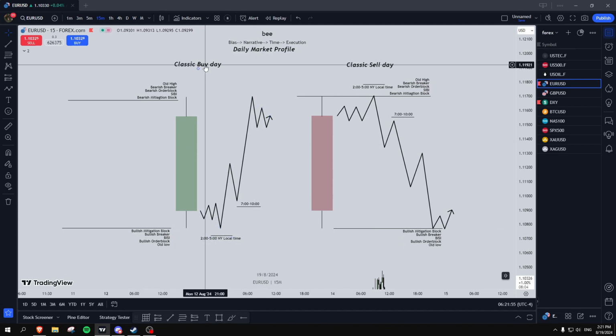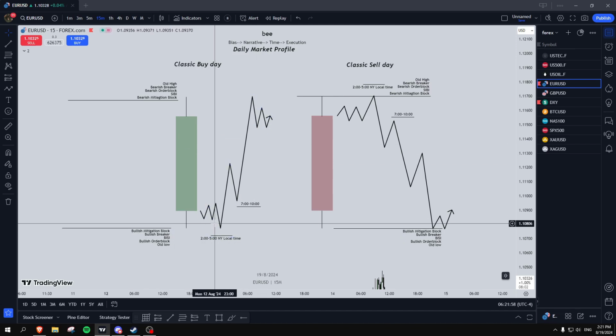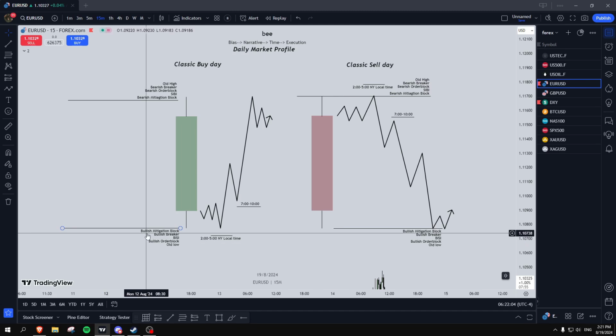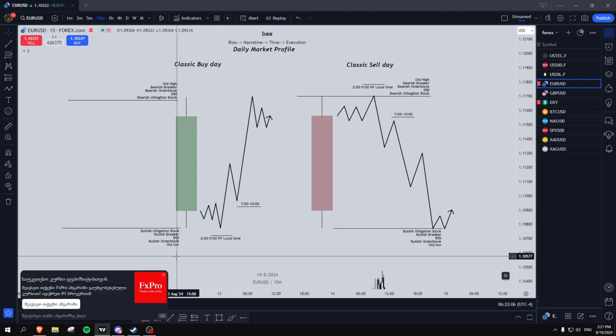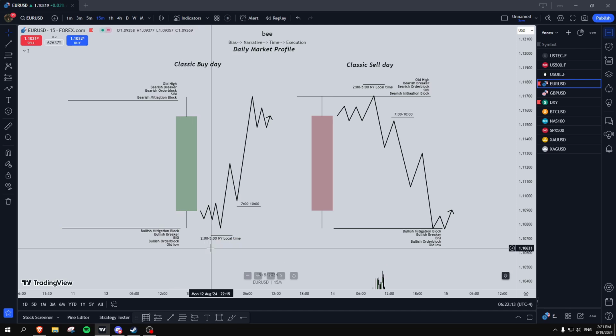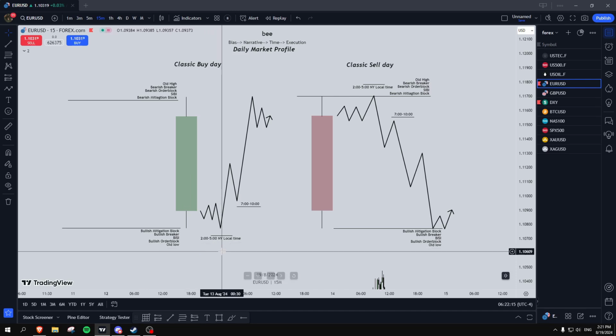If the daily candle is bullish, manipulate the lows of the Asian session, mitigate the high time frame PD array, which is a bullish mitigation block, bullish breaker, bullish fair value gap, bullish order block, or an old low, which will happen around 2 to 5 a.m.